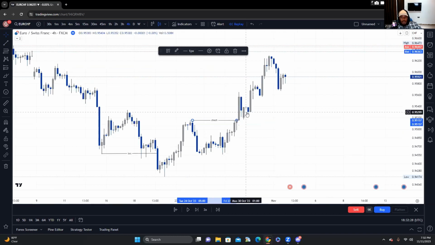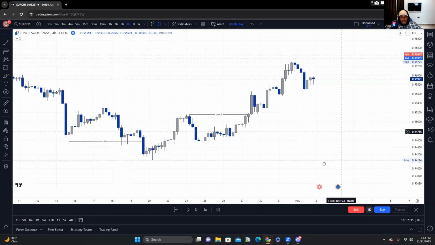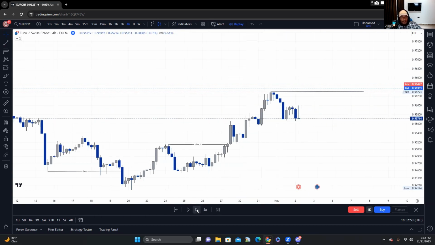We also have price coming out here, taking out this high, price retracing, taking out this high. So we have break of structure, break of structure. So what are we looking at now? Our next expectational order flow is for price to come and take out this high to cause another break of structure, right?